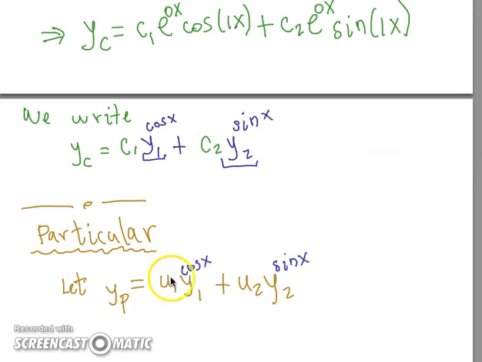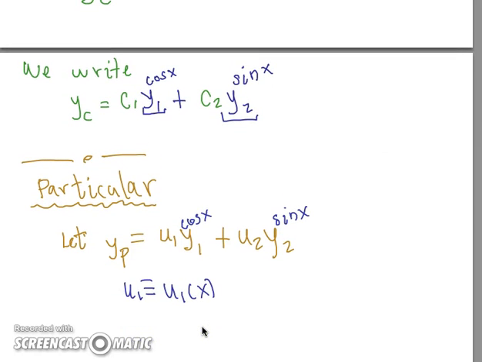where y1 is cosine of x and y2 is sine of x. And you may wonder, but that looks exactly like a linear combination as we had before. The big difference here is that this u1 is not a constant. u1 is a function of x, and so is u2.